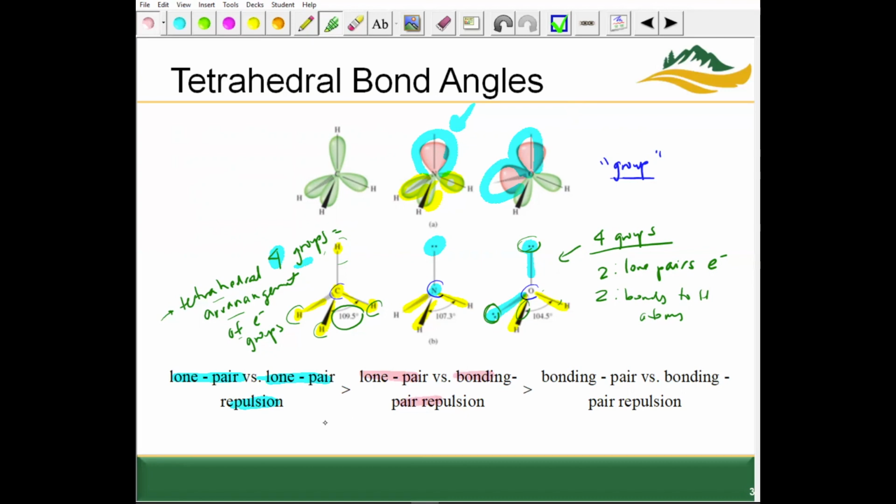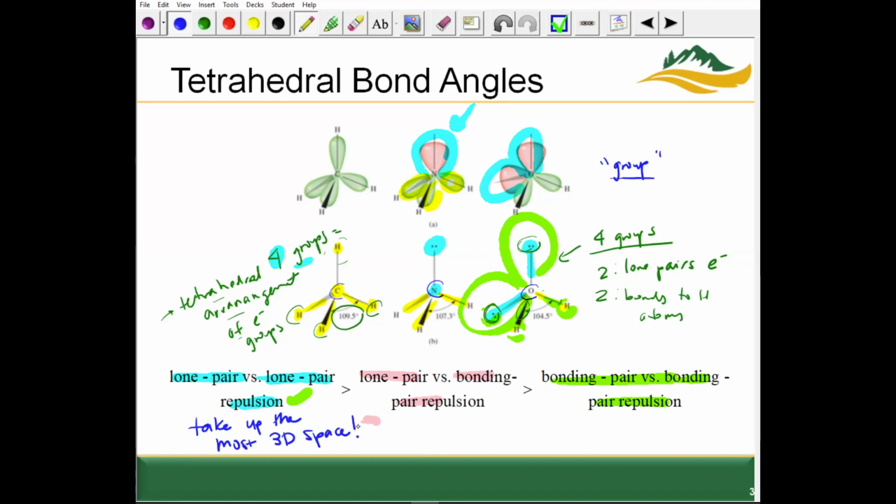As far as decreasing order of repulsion, the least amount of repulsion is between a bonding pair and a bonding pair of electrons, meaning that if 2 atoms are in bonds, they can be a little bit closer to one another than 2 lone pairs of electrons, which will repel each other the most and again take up the most physical 3D space.